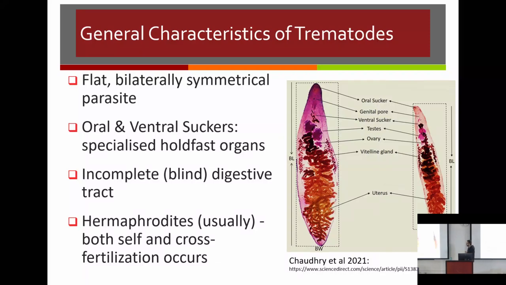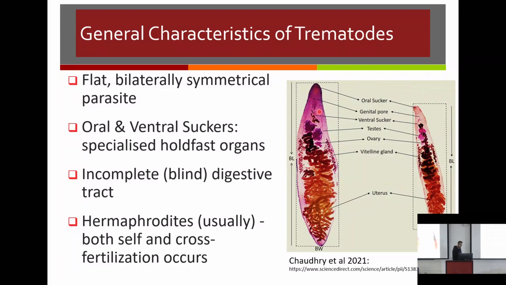So the general characteristics of trematodes: they are flat and bilateral, with oral and ventral suckers. You'll see the oral sucker, and the ventral sucker is somewhere here. They have an incomplete digestive tract.